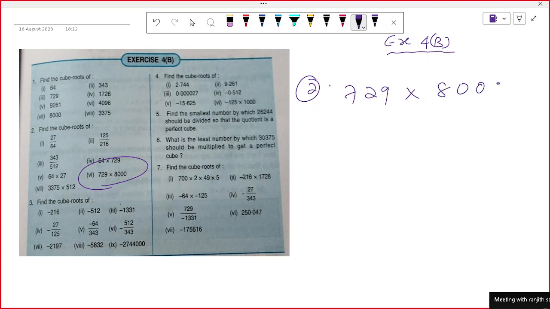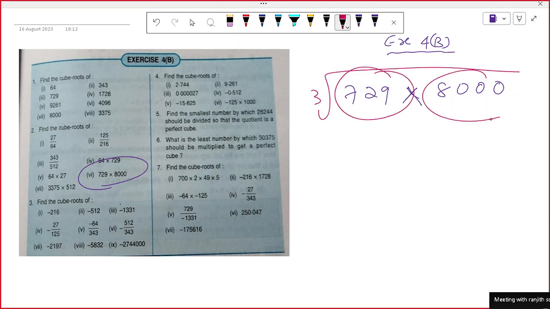Okay, 729 into 8,000. There is multiplication in between, right? Cube root. Try this. You have to factorize this and this. And this number, try to split this. What do you get if you split? The 8 into 1000. Correct. 8 into 1,000. Then later factorize that.